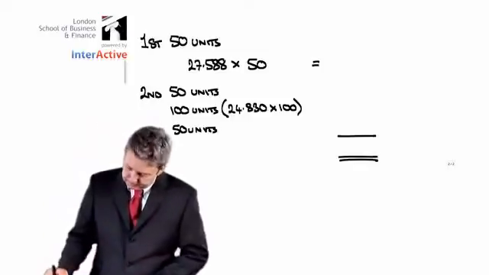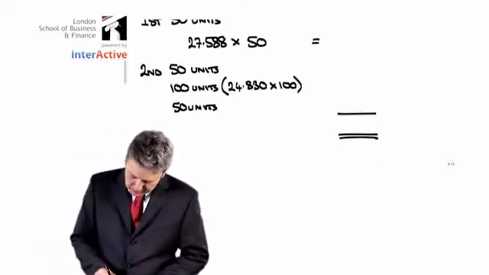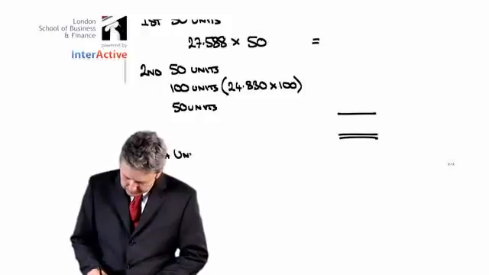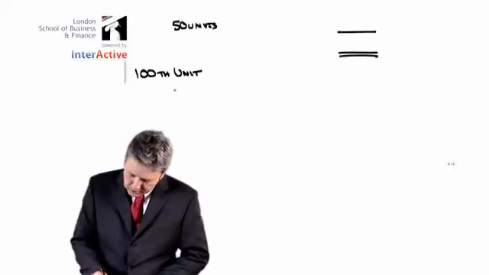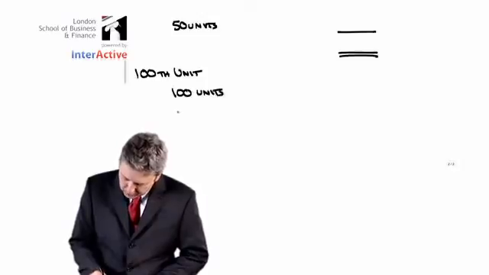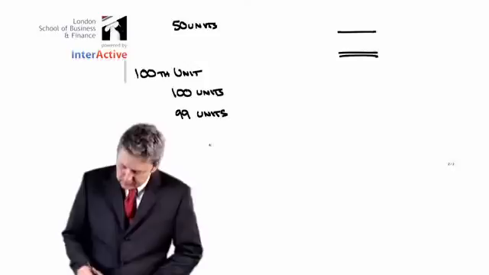And finally, we want the time taken for the 100th unit. The way we're going to establish the time taken for the 100th unit is to look at the time taken by 100 units minus the time taken by 99 units.